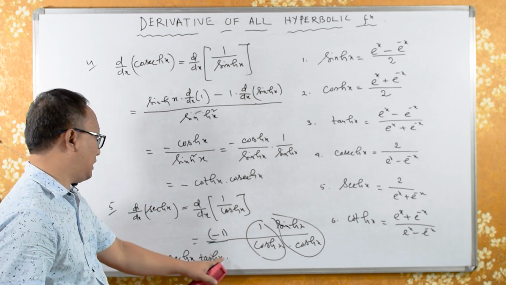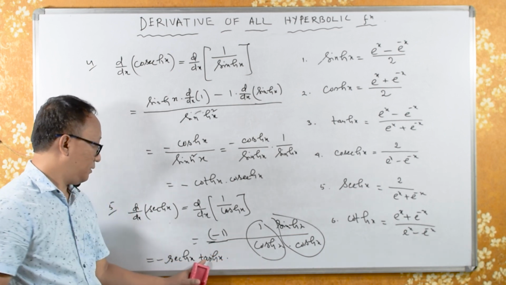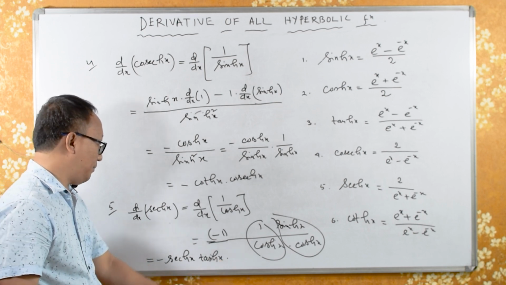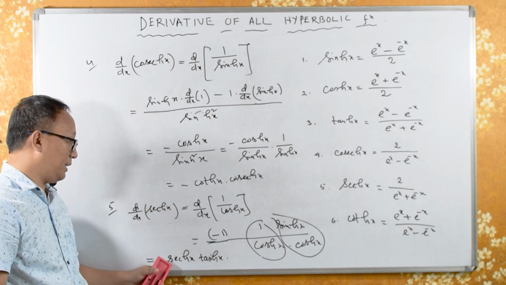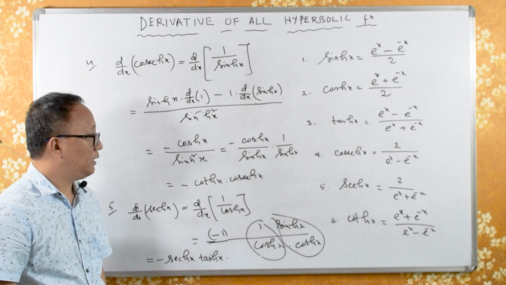You can write sec hyperbolic x into tan hyperbolic x. dy/dx of sec hyperbolic x is minus sech x tan x.